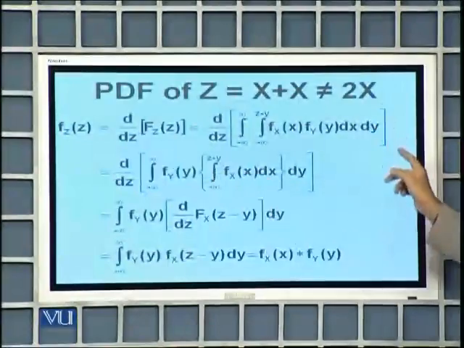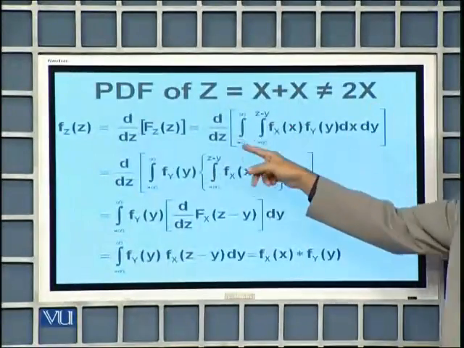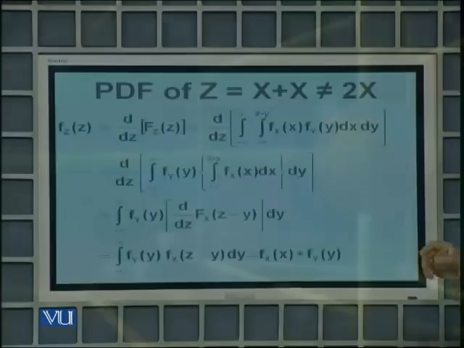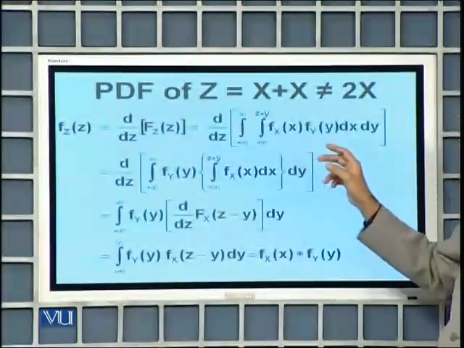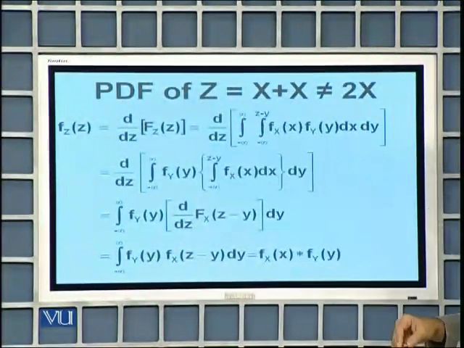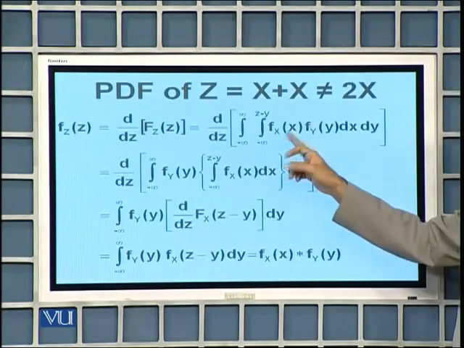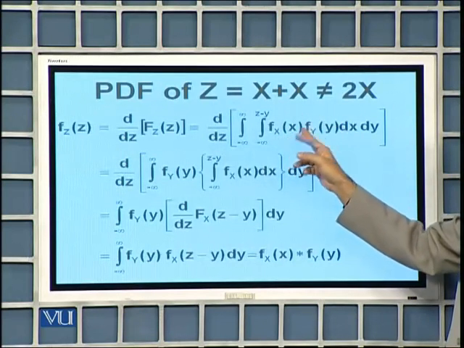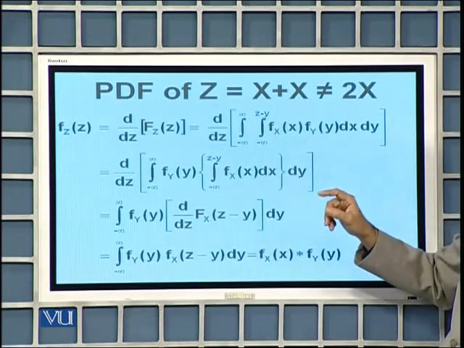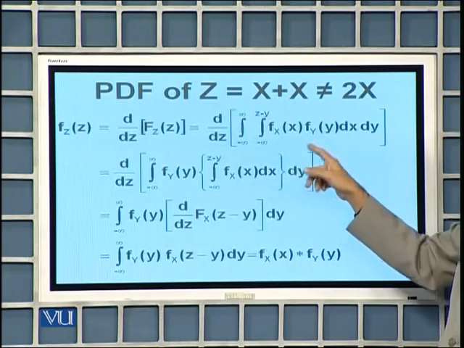The CDF of z has a long expression which is obtained through the double integral of the region that I just showed you in the previous slide. So if you take differentiation of this long expression in square brackets with respect to z, you will get the PDF of z. Since random variables x and y are independent, we can factor this joint PDF into PDF of x and PDF of y and take out the PDF which is not required in the inside integral.